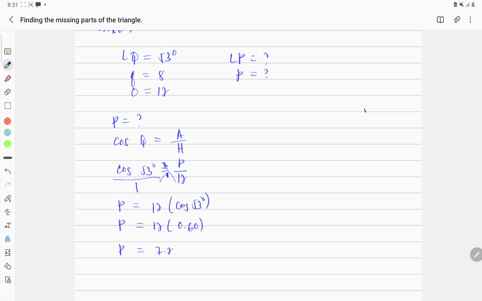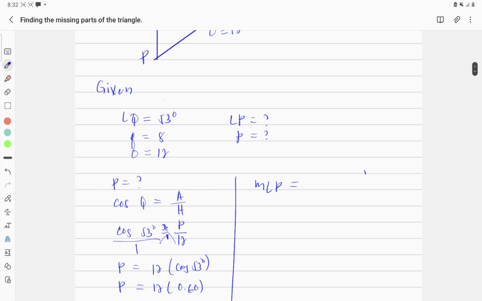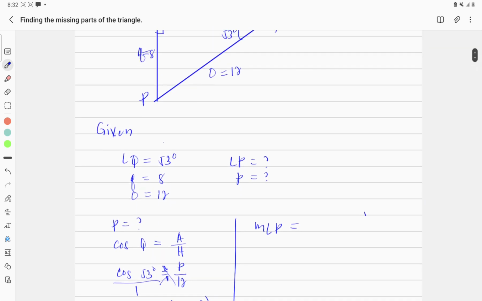Okay, so what we need more is to find the measure of angle P. Again, we have to take note of the fact that the sum of the three angles of a triangle is always 180.